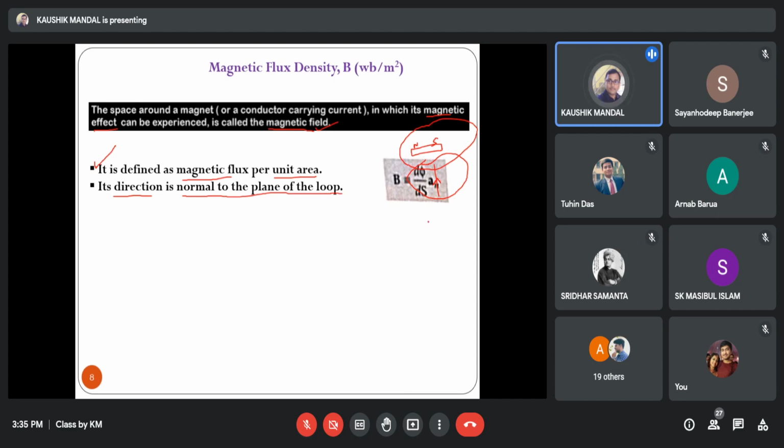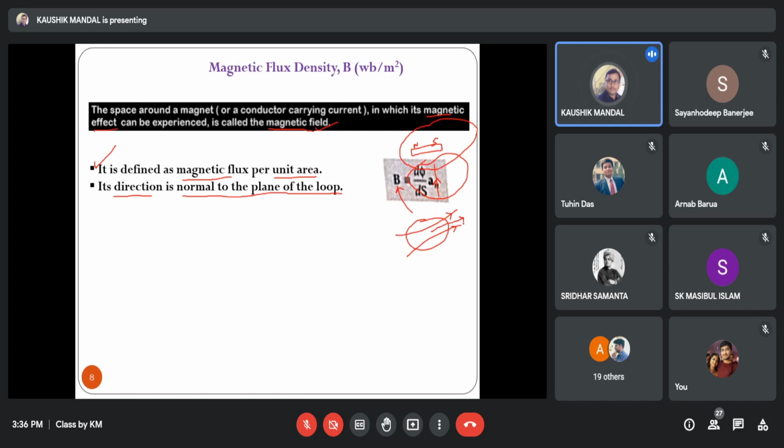That is, if we consider this is the closed surface, these are the magnetic field lines passing through this, or magnetic flux passing through this closed surface, then the magnetic flux density B will be d phi by ds, and you have to consider the unit vector of the surface.